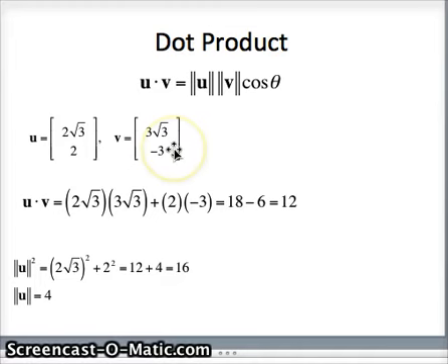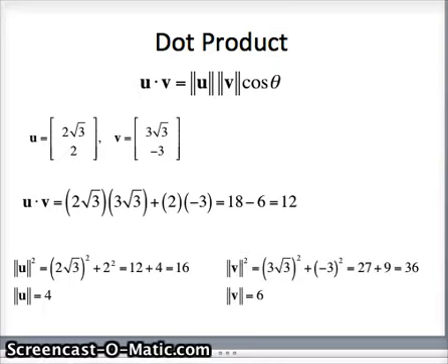And you'll notice the magnitude of v squared behaves the same way. Hypotenuse squared is x squared plus y squared, so the magnitude of v squared will be 3 root 3 squared plus 3 squared or negative 3 squared. Frankly, it doesn't matter how you perceive that, since either negative 3 squared or 3 squared gives us 9. 3 squared is 9, root 3 squared is 3, 9 times 3 is 27, negative 3 squared is 9. So we get 36 for the magnitude of v squared, and the magnitude of v is 6.